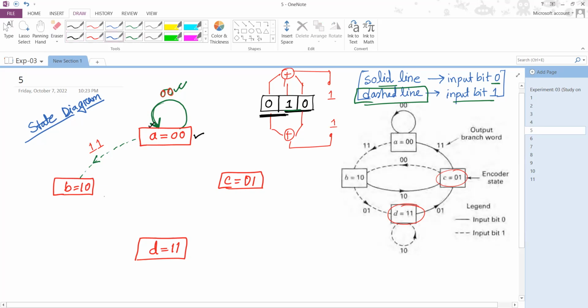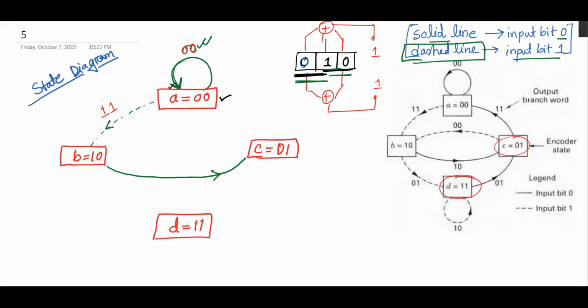That means there will be a line like this. And as the input bit is 0, we will have a solid line. So let me draw it with a green line. There will be a solid line because we are giving the input bit 0, and we are going to 0, 1 because our present state is 1, 0, and after inserting 0, we go to the 0, 1 position.